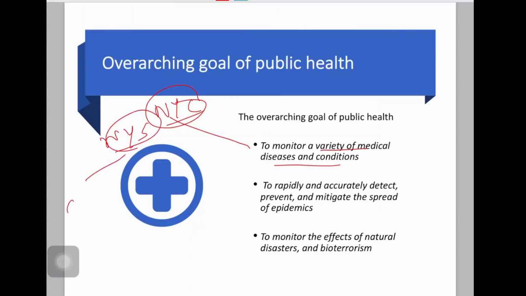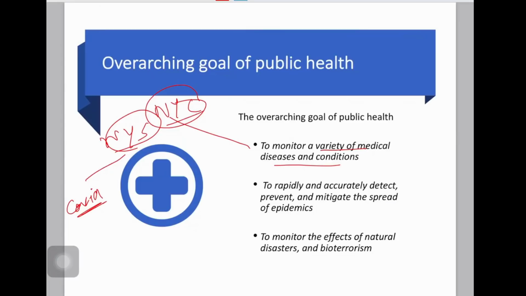Take the common example of COVID: how it's progressing, how it's spreading from different parts, and how particular communities and neighborhoods are tackling it.